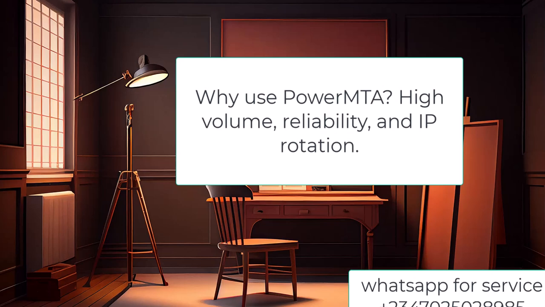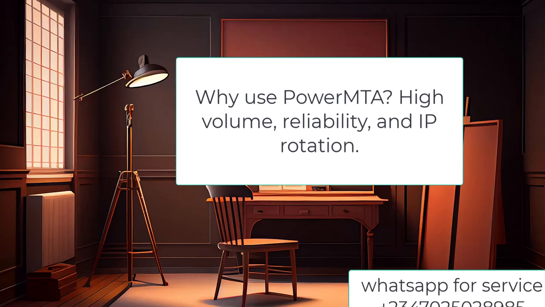The unique part is you can connect unlimited IP addresses to this one SMTP. That is why it is special, that is why it's powerful. Banks use it, large organizations use it, and it helps maintain IP rotation and sender reputation.